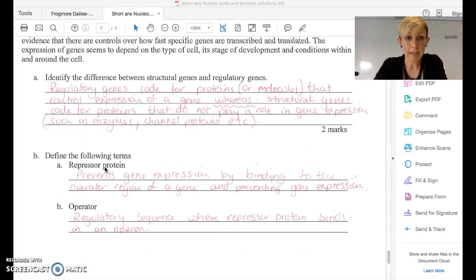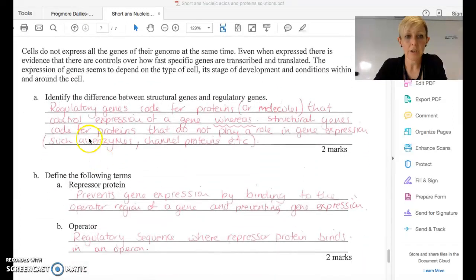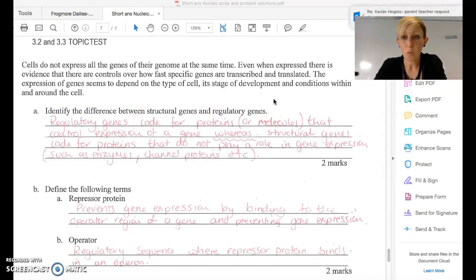And the final page, this one, so we're still on gene regulation. Identify the difference between structural genes and regulatory genes. This is a whereas question. Start with regulatory genes.